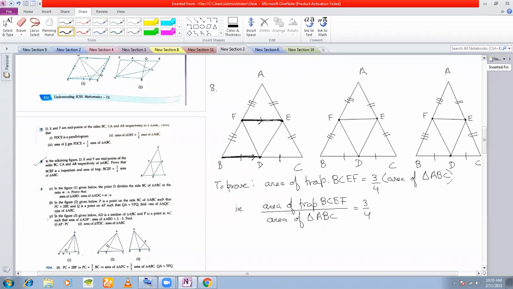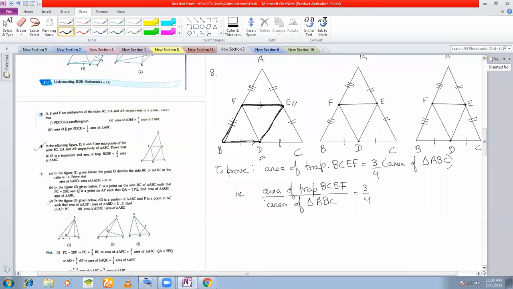Also, D and E are midpoints of the sides BC and AC of the triangle ABC. That means this line here, DE, must be parallel to FB by the midpoint theorem. So that is what we shall note first. If these two lines are parallel, and these two lines are parallel, this shaded figure becomes a parallelogram, right?